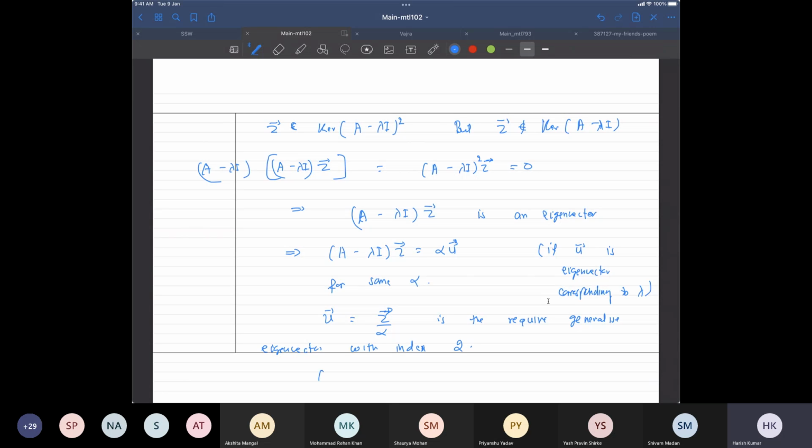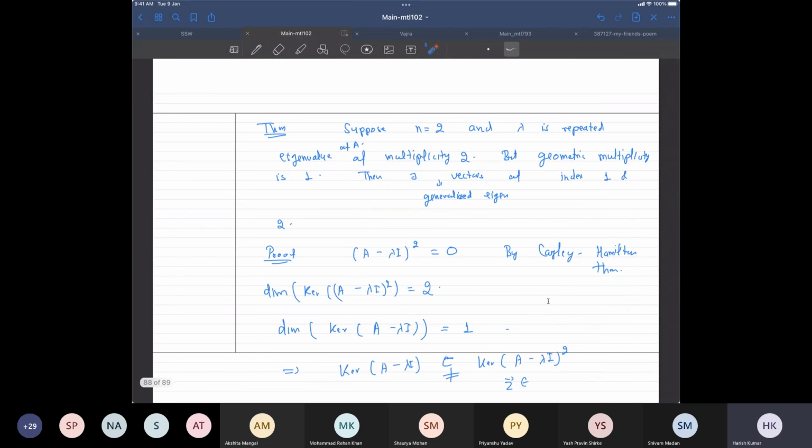Because note that A minus lambda I of V is U. So what we did is we compensated for this alpha that appeared here. Okay, so this proves the existence of U, which comes from the definition that lambda is an eigenvalue, and V from the existence of such a Z. And this came out because of this strict inequality, that the kernel of A minus lambda I is contained strictly in the kernel of A minus lambda I square.